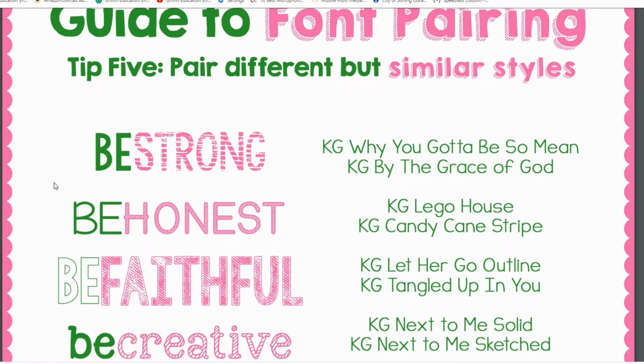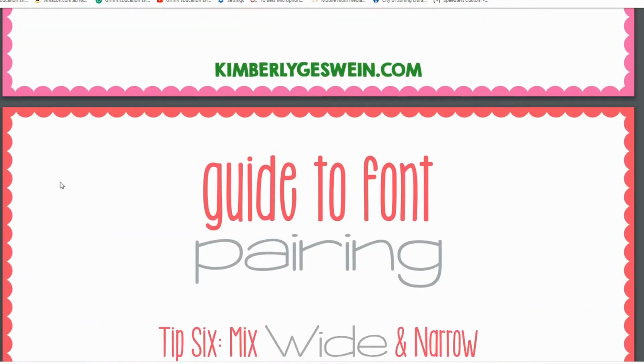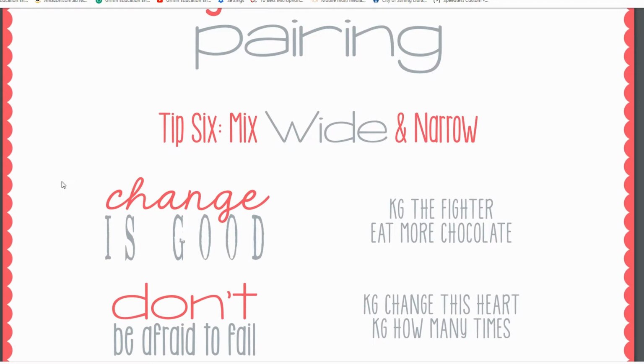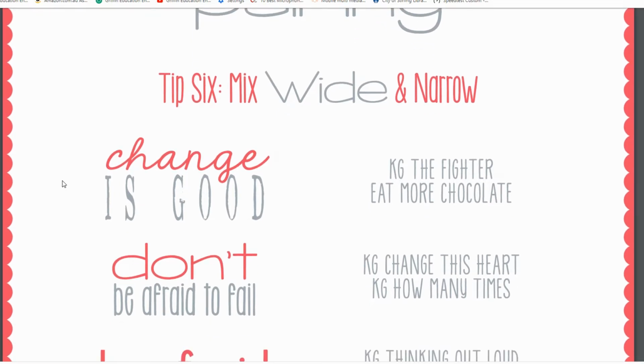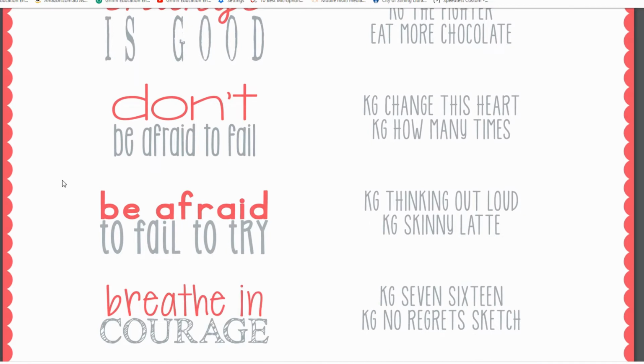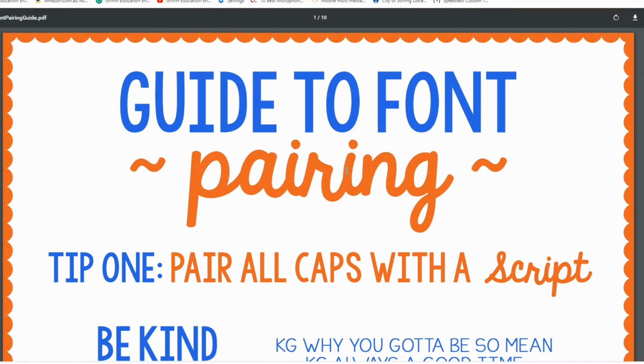Then to pair fonts that are different but similar in style. And finally, to mix wide and narrow fonts. This is another one that I've also used quite a lot. So those are the 6 font pairing guide suggestions that she puts forward.